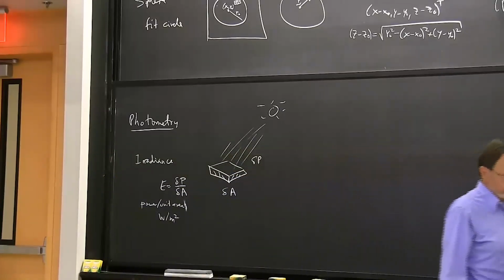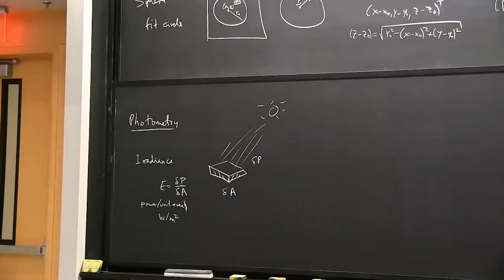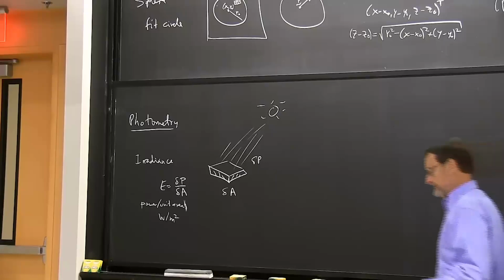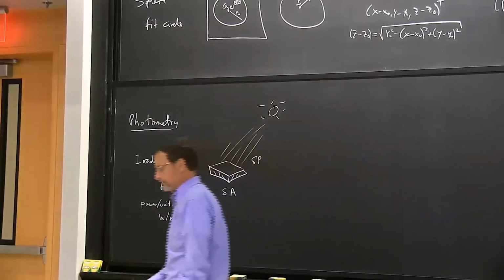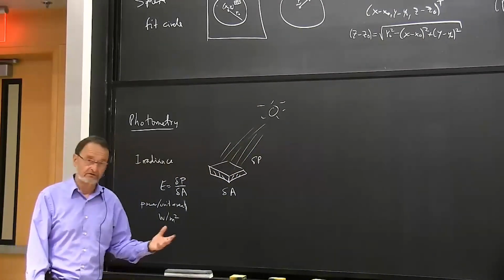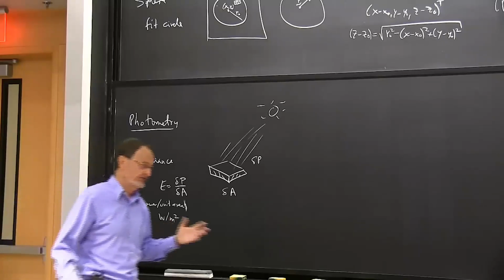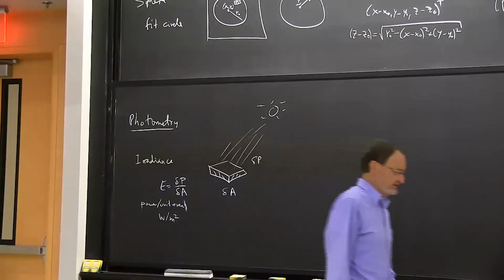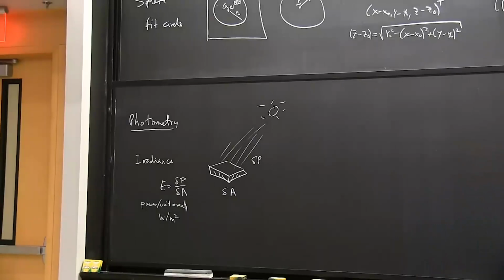And just for reference, noonday sun in Washington, D.C. is supposedly 1 kilowatt per square meter. What does that mean? Well, it's not a very precise value because it'll depend on the state of the atmosphere and the time of year. And what are you measuring? Are you measuring only visible light?